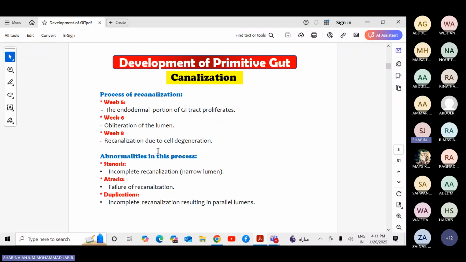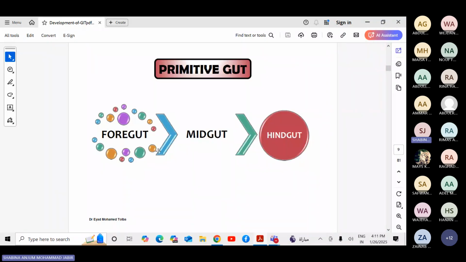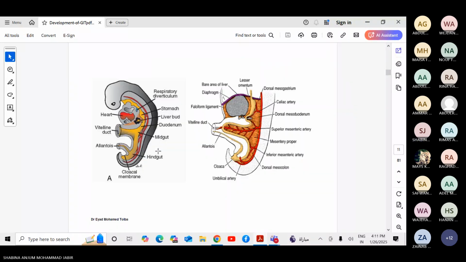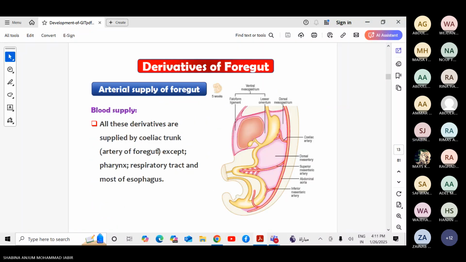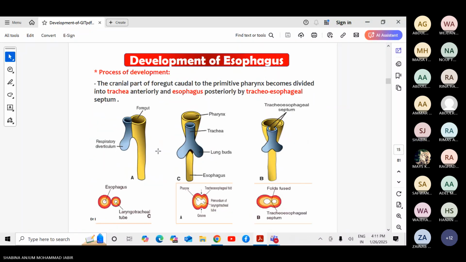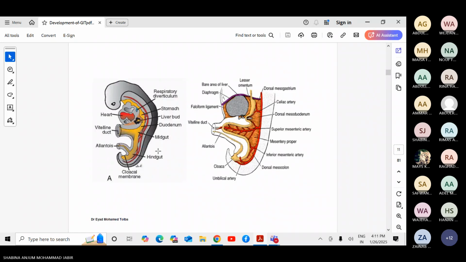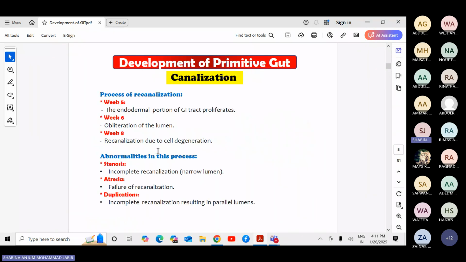In the whole GIT, there is something which you will find, that it is a tube. Okay, so now just imagine there is nothing, just a tube from the oral membrane to the cloacal membrane.